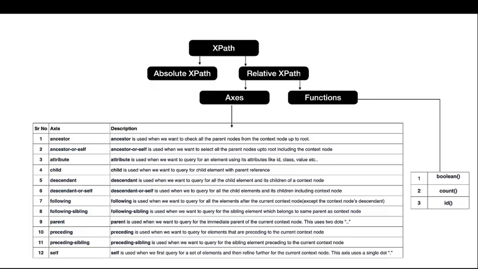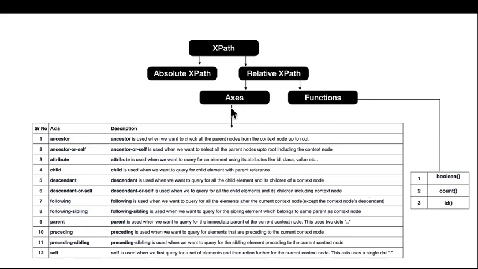We have seen different locators in another video, like ID, name, text, partial text, link text. In this video we are going to focus only on XPath and how we can master writing XPath. Under relative XPath we have axes and functions.